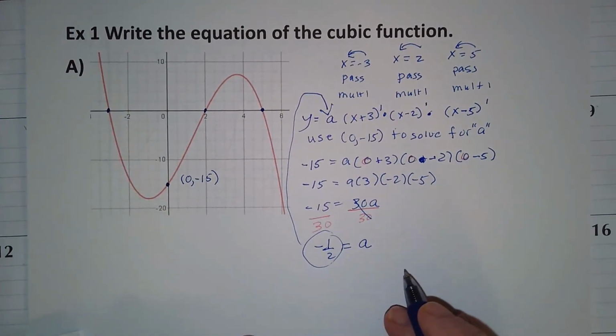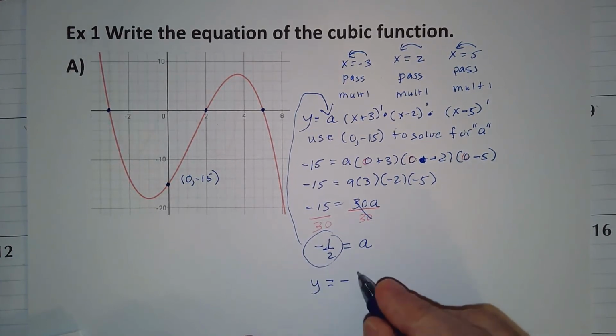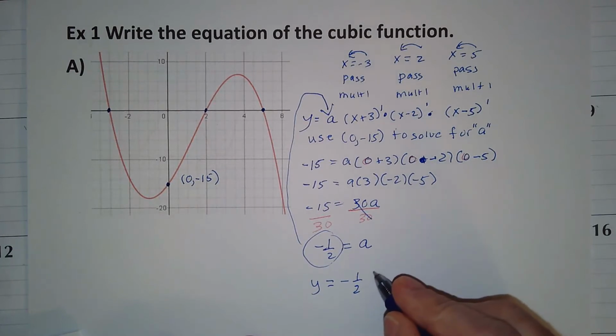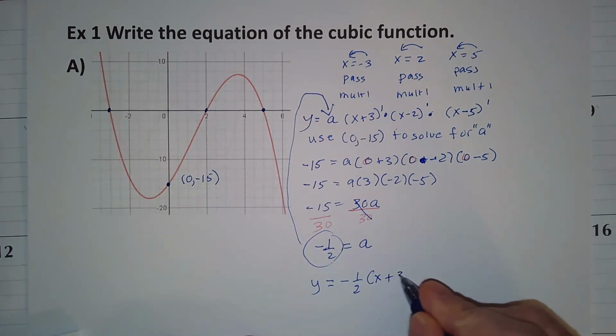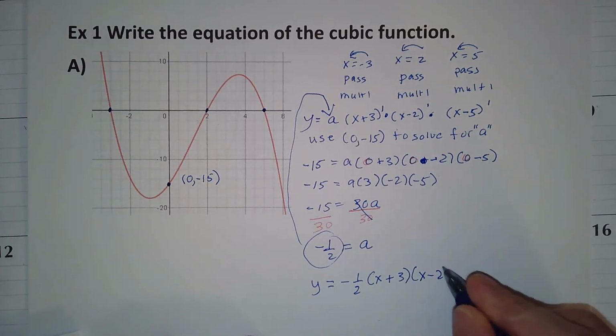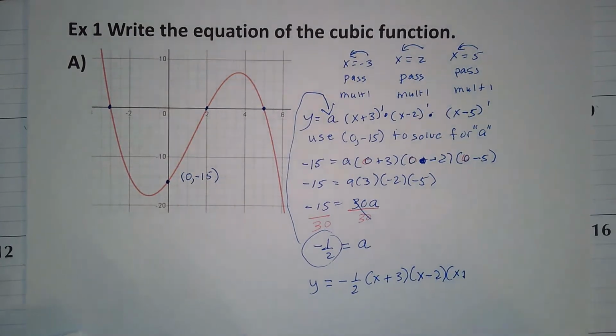Let's see here. Y equals negative 1/2, because that's our a, times x plus 3 times x minus 2 times x minus 5 is what we want. Let's fix that.